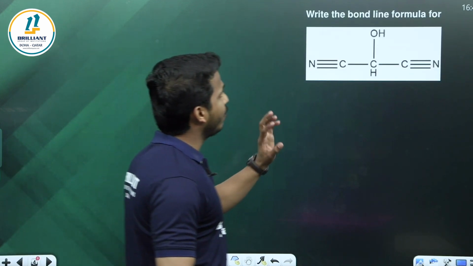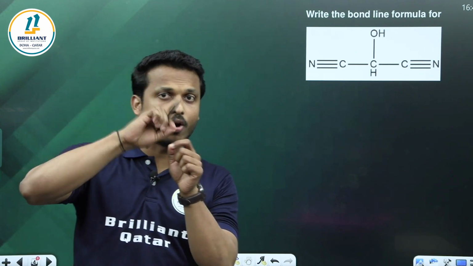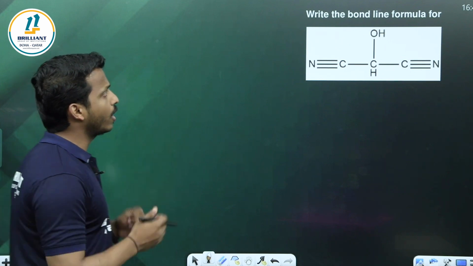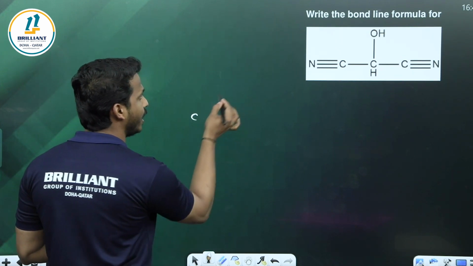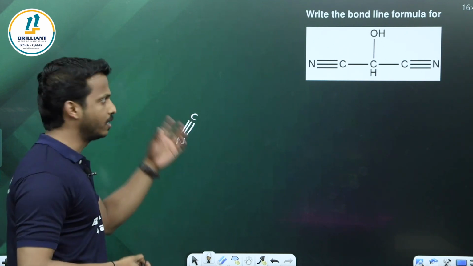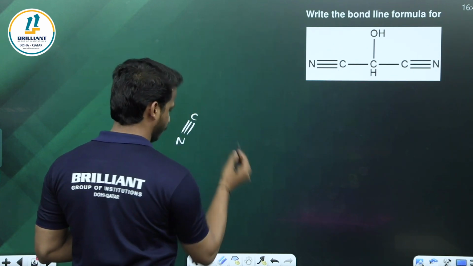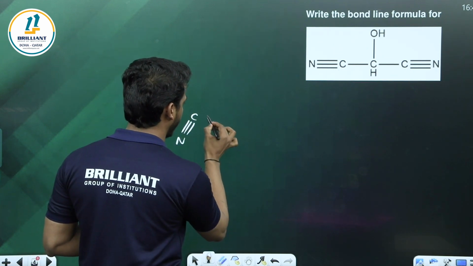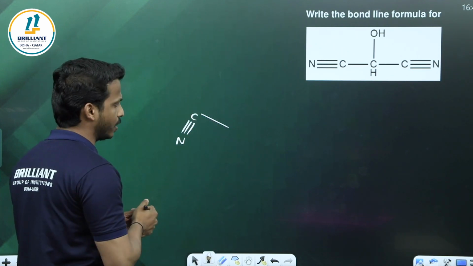Write the bond line formula. You know, the bond line formula we express only with the bonds, right? Only bonds. Write the bond line formula for the compound. This compound is given as C triple bond N. So let me write C triple bond N. Then there is a CH carbon; we can write it up or down, anywhere we can place it, no issue.